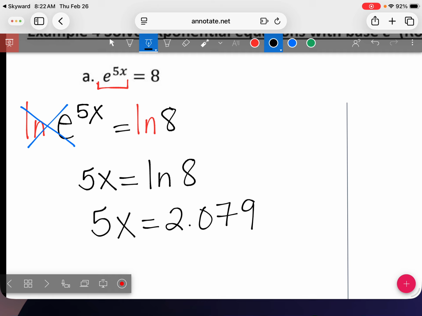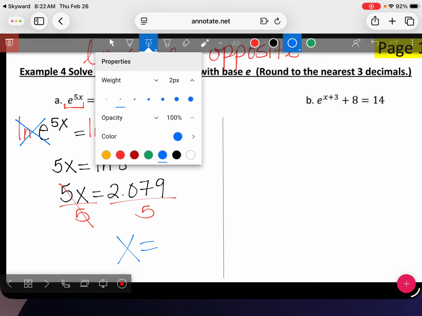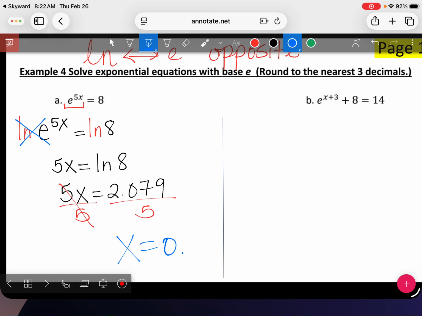Divide by 5. Let's go ahead and do that. And your final answer should be x equals 0.416. That would be your answer.